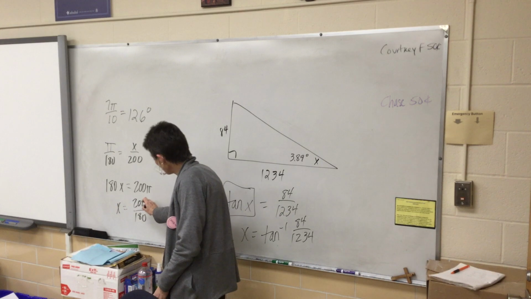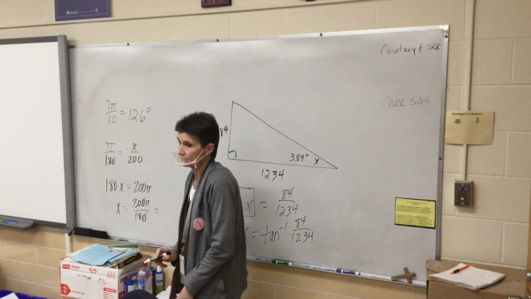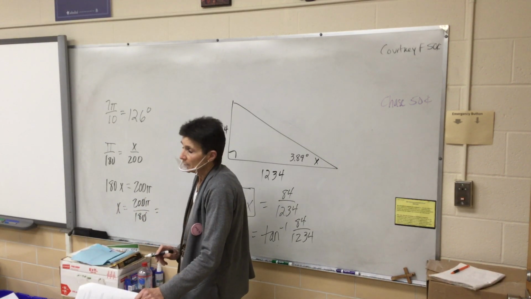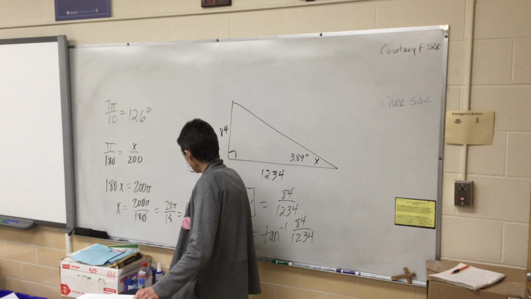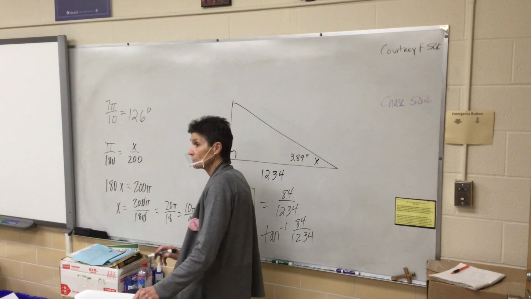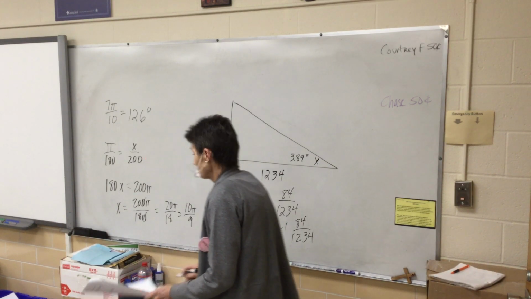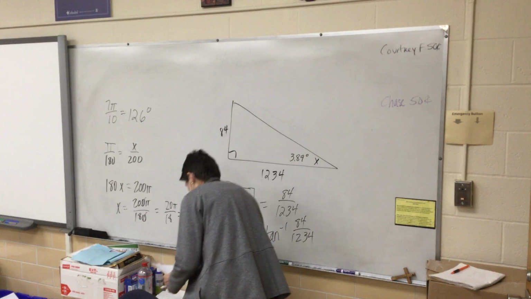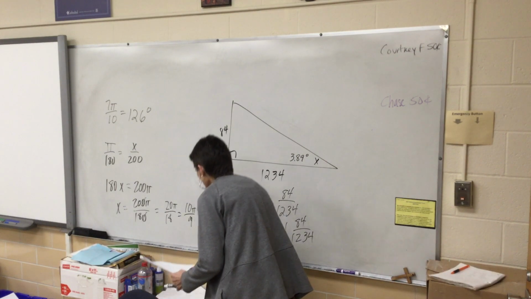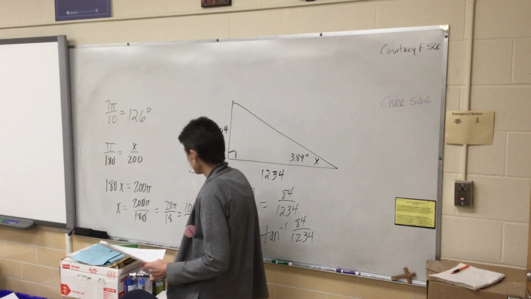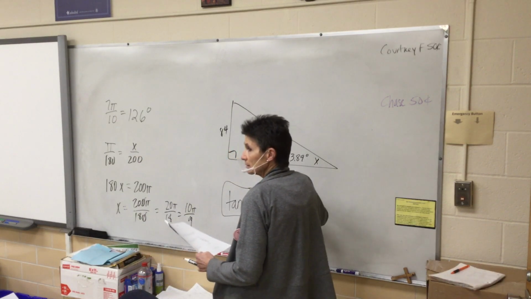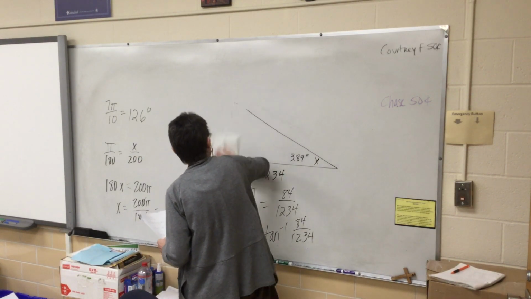So remember, you can cancel out these zeros. Now we have 20 over 18. They're both divisible by 2, so I got 10 pi over 9. What happens to the x? It's what it equals. I was figuring out what x is.